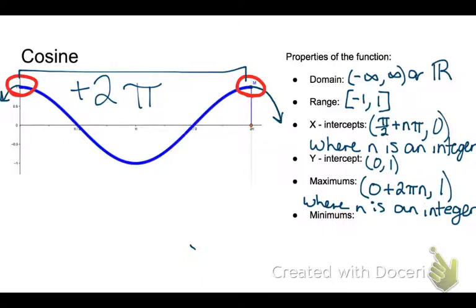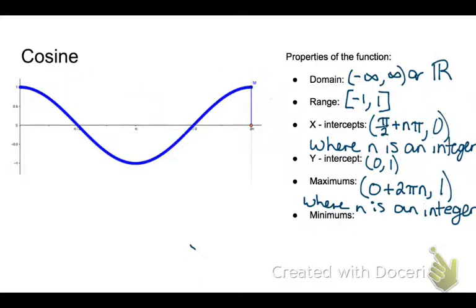A similar situation happens with the minimums. Unfortunately, we don't have two minimums on this graph, but they happen just as frequently as the maximums. So our first minimum is at pi, -1.